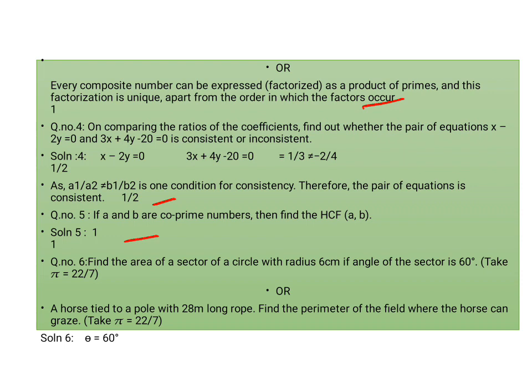Angle theta is given as 60 degree, and you know the formula: area of sector is equal to theta multiplied by pi r square upon 360 degree. Write the formula first and solve, and you will get 1 mark.